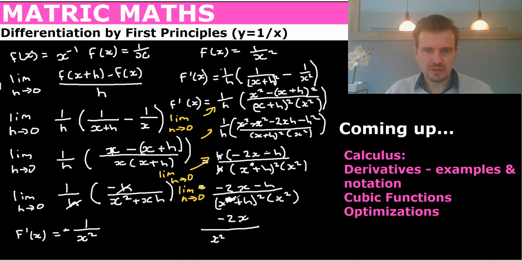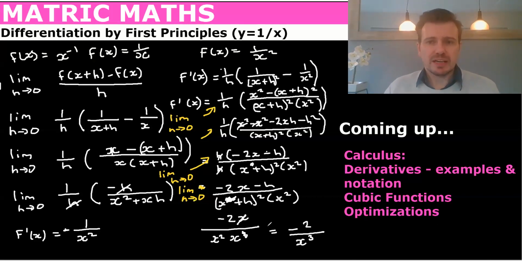Take that away. So this becomes x plus 0 squared, which will be just x squared, times another x squared. So it's actually x to the 4. Well, I'll do the next one because I need to simplify anyway. And so what we see is one of these x's cancel. And so we're left with negative 2 over x cubed.